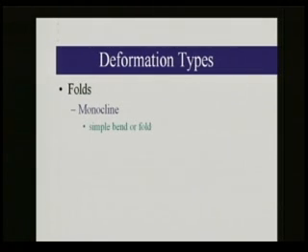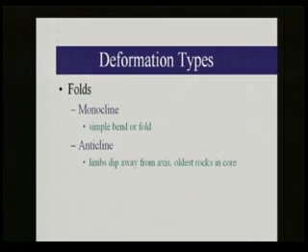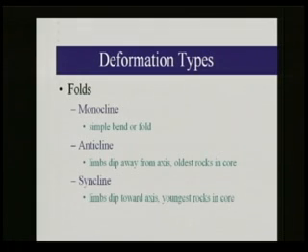A monocline is a simple bend or fold. An anticline, the limbs dip away from the axis and the oldest rocks are in the core. And a syncline, the limbs dip toward the axis and the youngest rocks are in the core.